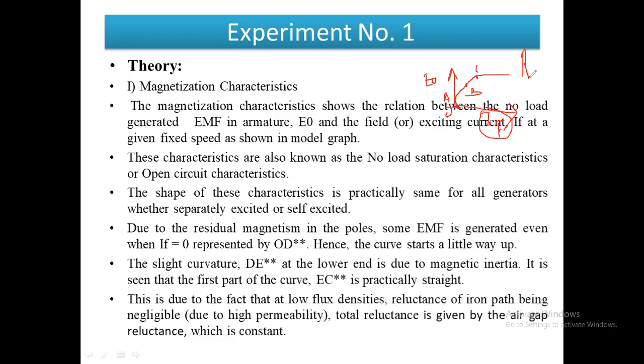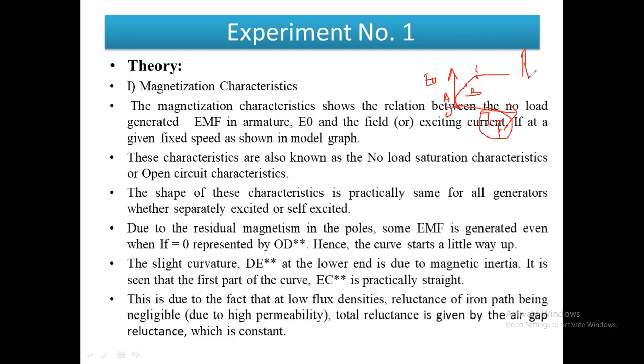It is present before exciting the field winding, that is, when the field current is 0. At that condition, there is some induced EMF. It is due to the residual magnetism. Did I tell you or not? Yes, sir. Okay, I have already told.